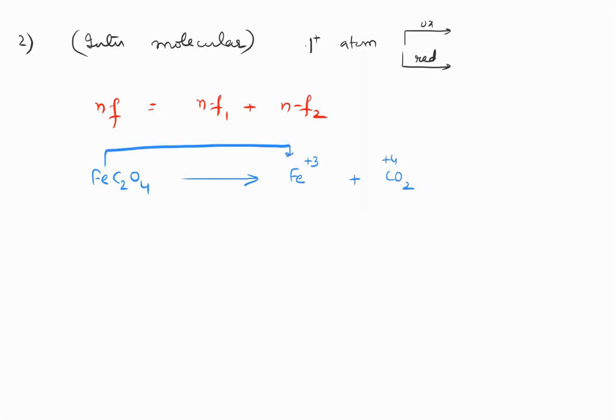So you have iron getting oxidized, going from +2 to +3. So change is 1 unit. And there is only 1 iron. So N factor 1. Carbon is going from +3 to +4. Change is 1. There are 2 carbons. So 2. So overall N factor is 1 + 2, 3.